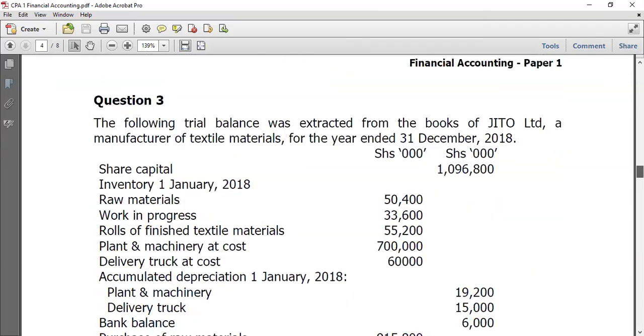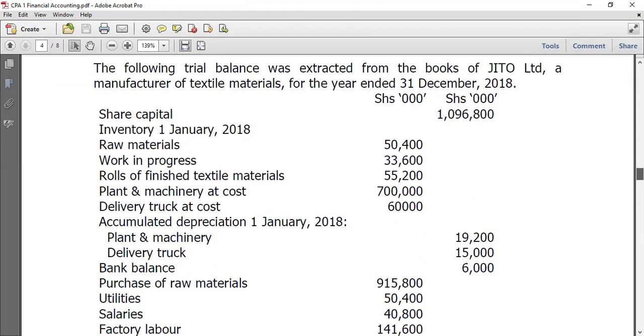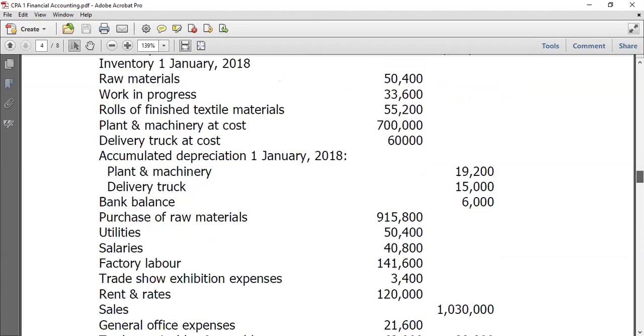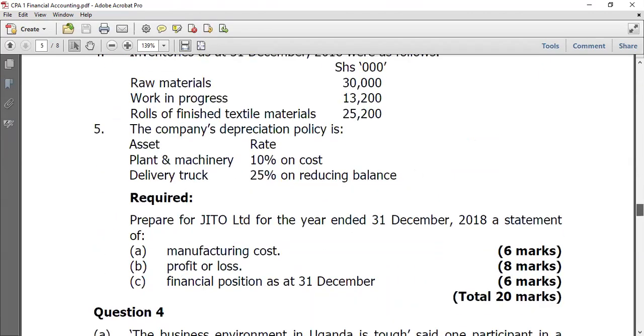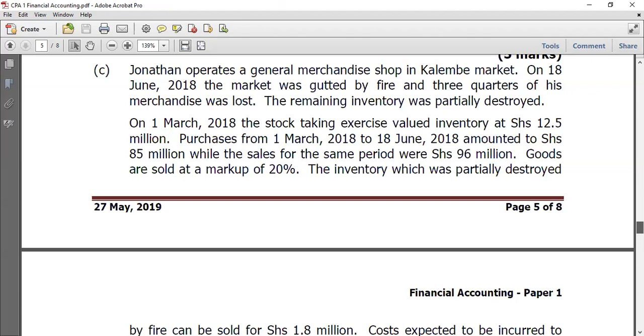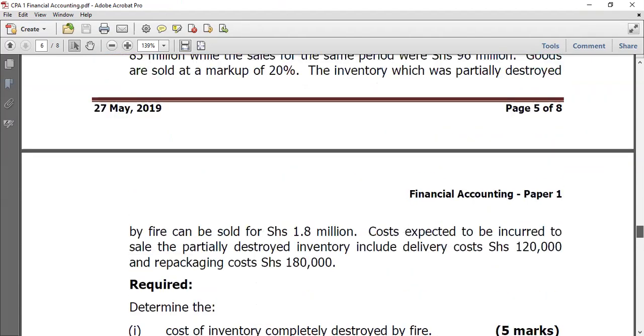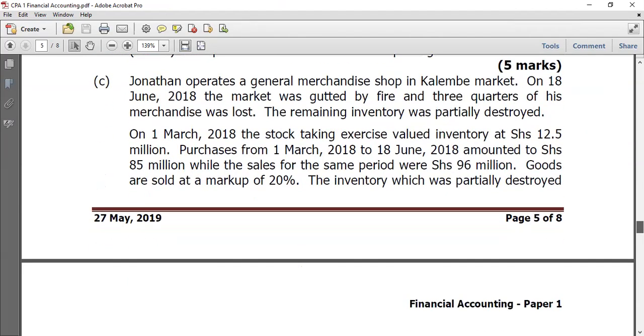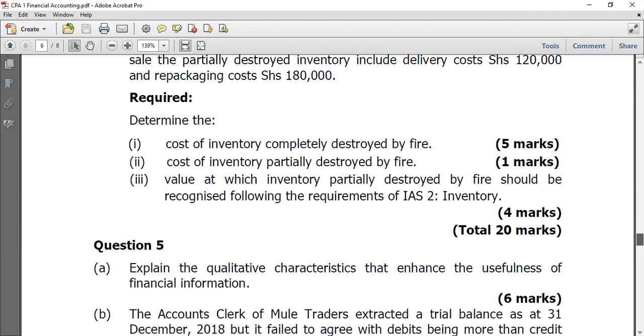And then they went ahead to say something on the private sector preparation of this. This was a manufacturing account, guys. And then there was a number on depreciation. This was inventory. I'm thinking of us doing a class on inventory before the closure of this week.